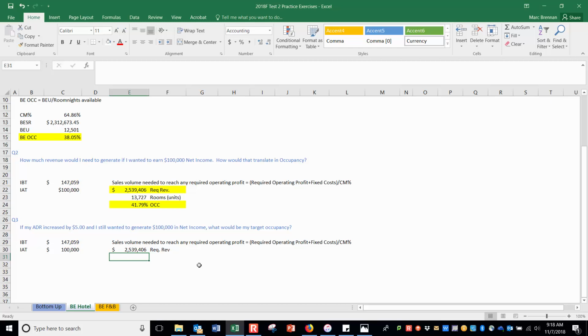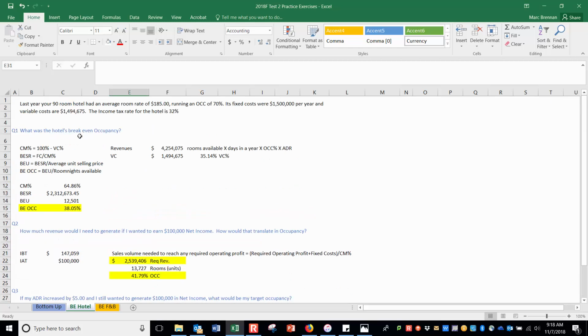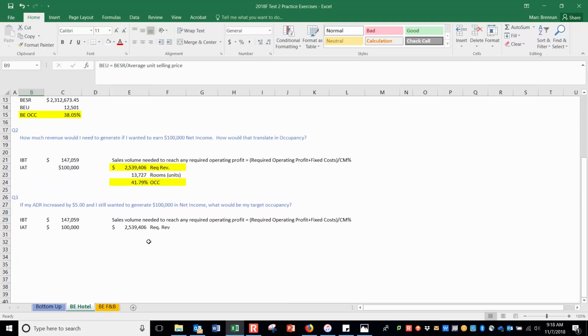What does change is my average unit selling price. Okay, if we look at this calculation, this part has changed because I've increased it by $5. So I need to find out my rooms. Okay, room nights required. So it's going to be the same calculation as before.